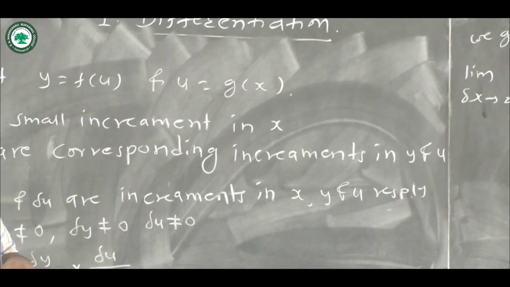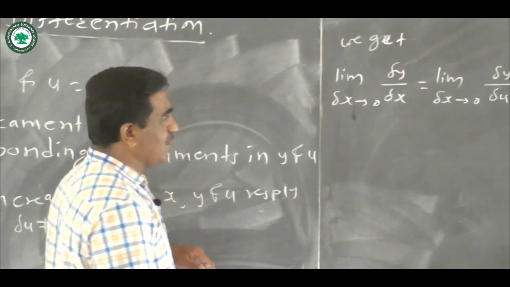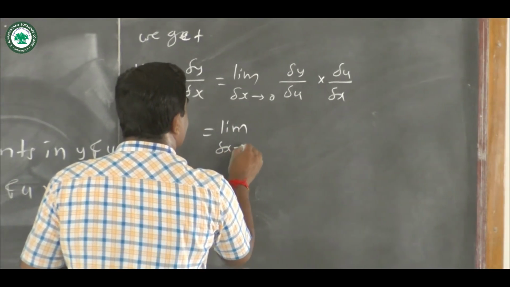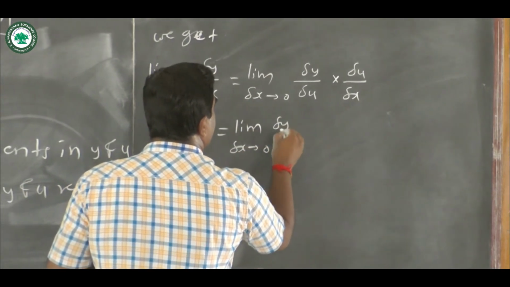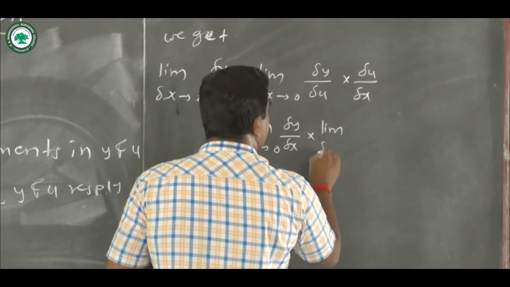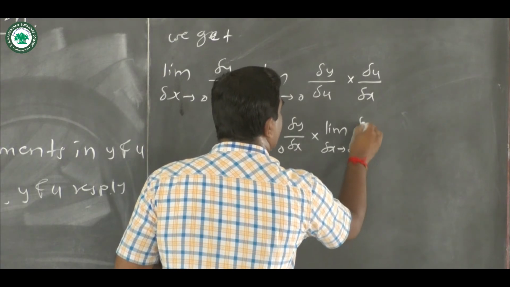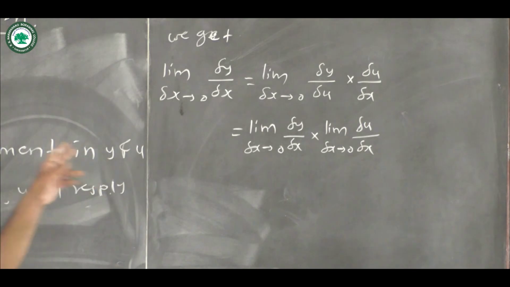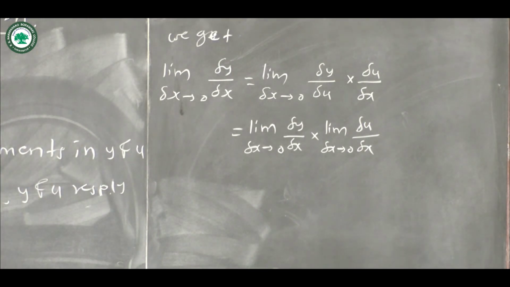Now we can take separate limits on the RHS, that is equal to limit delta x tends to 0, delta y by delta u into limit delta x tends to 0, delta u upon delta x.